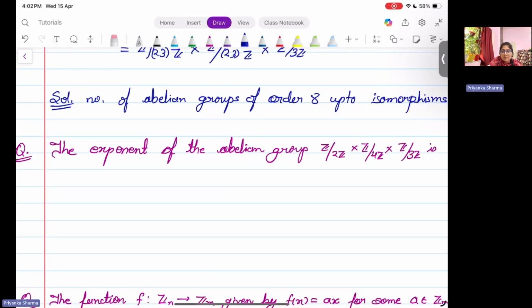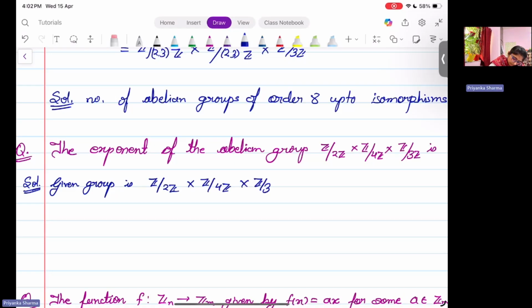What is the exponent of the given abelian group here? Recall that what is the exponent of a finite abelian group. So exponent is the highest possible order of any element in the given abelian group. So here, the given group is Z mod 2Z cross Z mod 4Z cross Z mod 3Z.